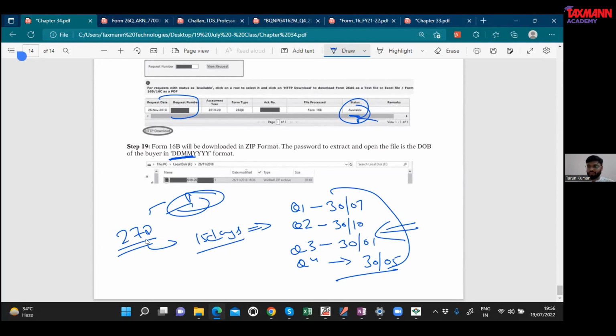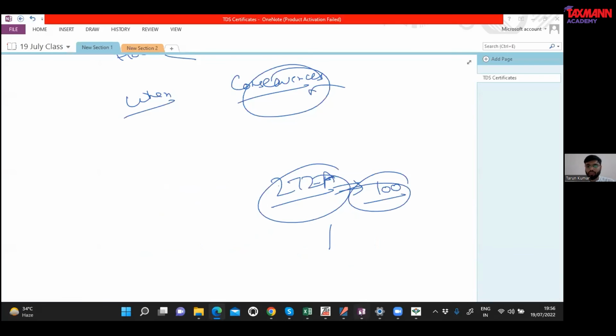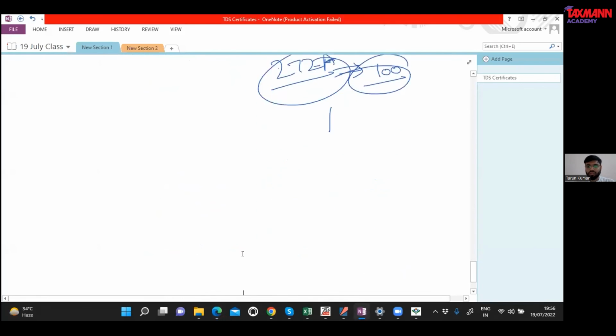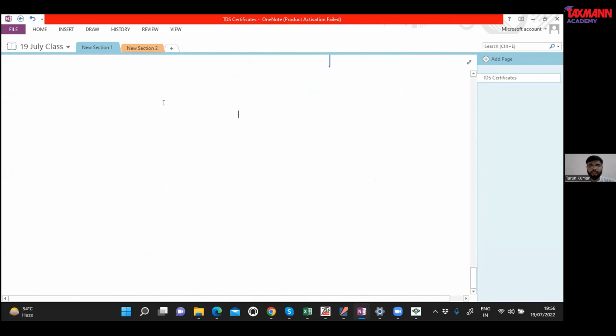The process to download from the portal remains the same. So I think we have covered everything in the class. We'll just have a recap in 5 minutes, and we can take up the doubts. So basically the class was about what is a TDS certificate, what is a TCS certificate.